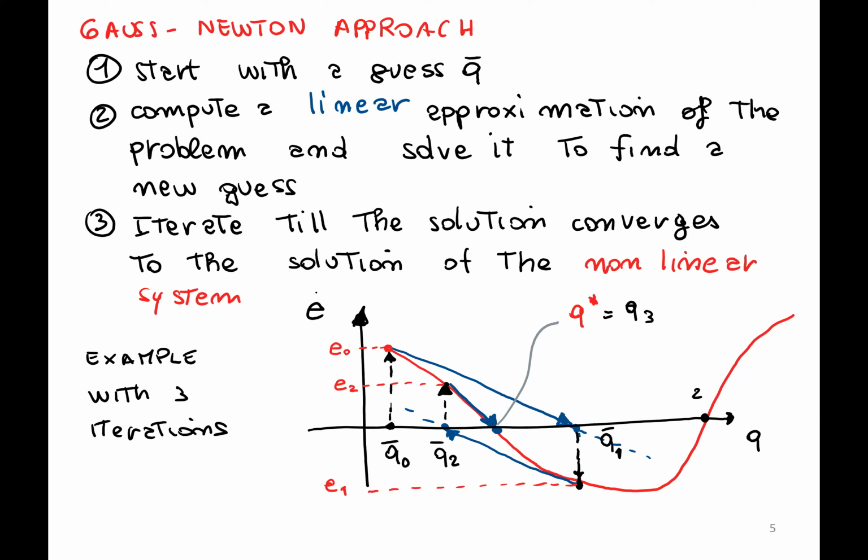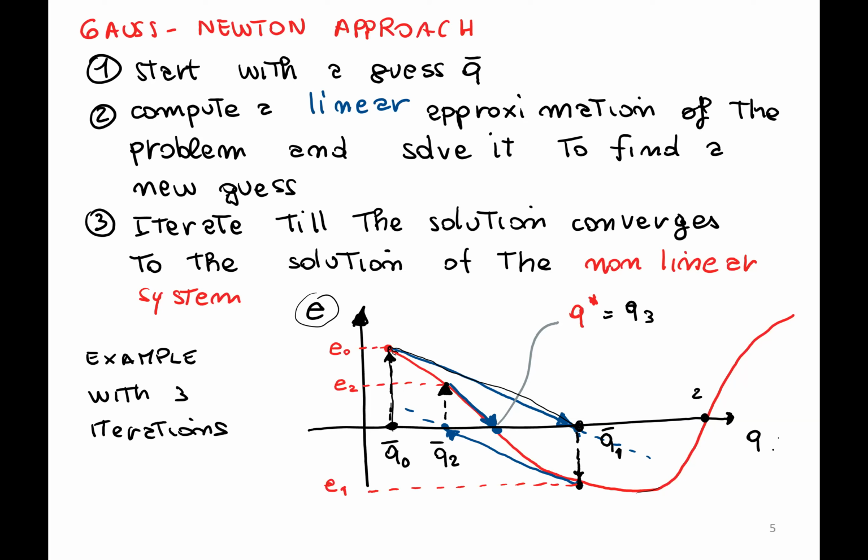So in this case, our nonlinear function is the error function. And it has this very nonlinear behavior. And we start at Q0 here. We go to evaluate the value of the error here. We take a linear approximation of this nonlinear function, and we find a zero, a new configuration of joints.